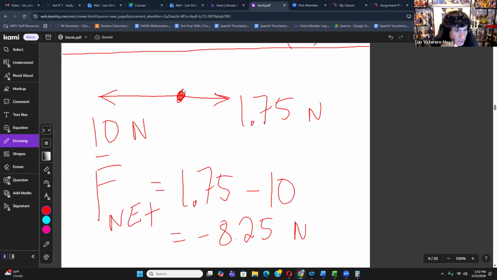The negative just means that the net force is like this. That's the net force to the left.